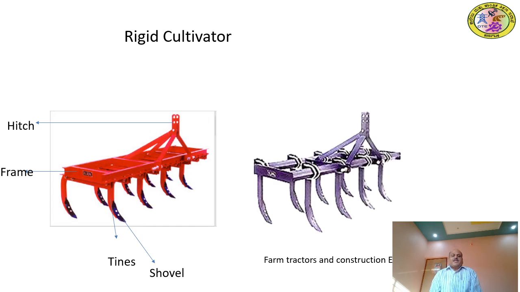So basically it is a 3-point hitch connection. The first is one point, and the other two points are the left and right arms of the hydraulic system. Basically, agricultural implements are operated with the help of the hydraulic system.